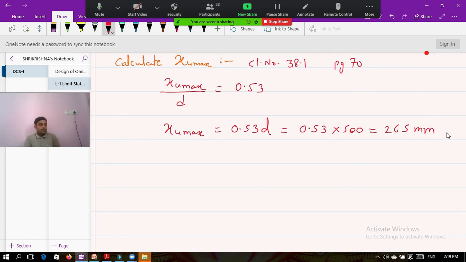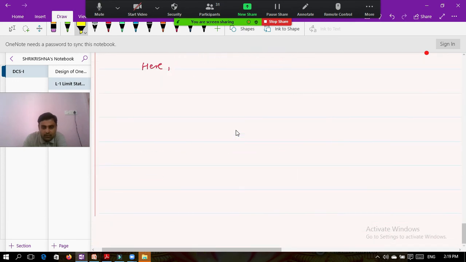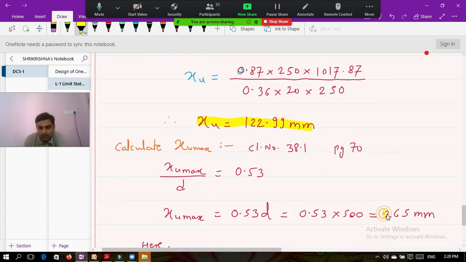Now compare Xu and Xu max. What is the value of Xu max? Xu max is 265 mm. And the value of Xu is 122.99. Now you can see which is greater and which is less. So Xu is less than Xu max.